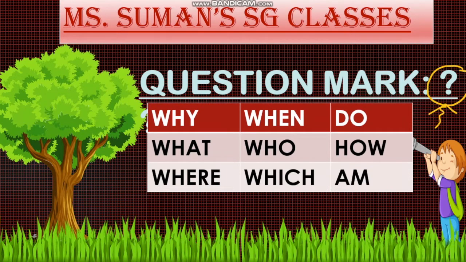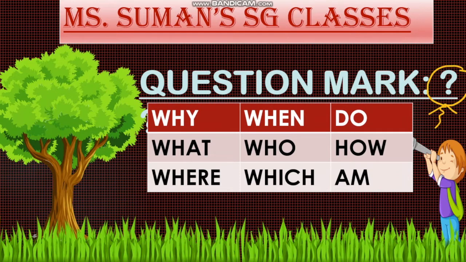Sometimes we understand it after reading it, but initially it can be a little bit tricky to understand if it is a question or not. So for that, the best way out is these are some of the question words. If the sentence is starting with a question word, then it means it's a question. And if it is a question, there will be a question mark at the end.